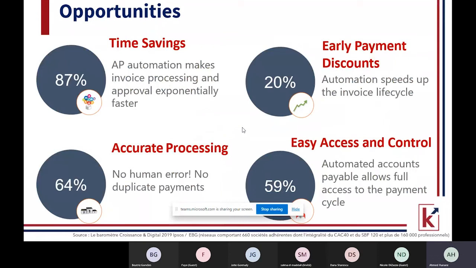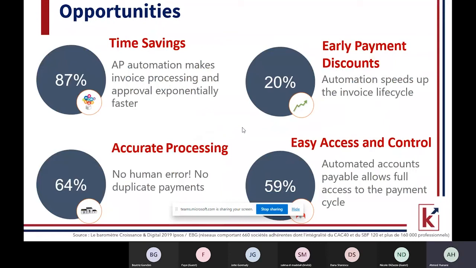Matching with POs is also a big saving; most software can handle what we call two-way and three-way matching. Early payment discount, I touched on that, and that's mostly when we speed up the life cycle of the invoice. We can process an invoice within hours instead of days, as in a typical manual process.